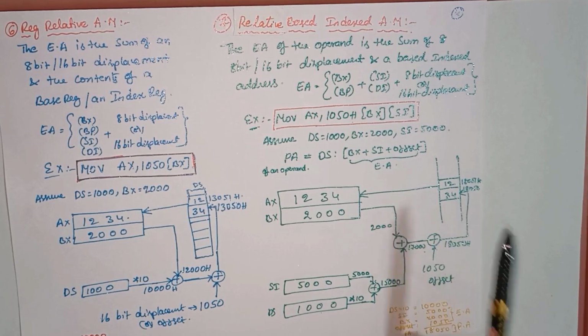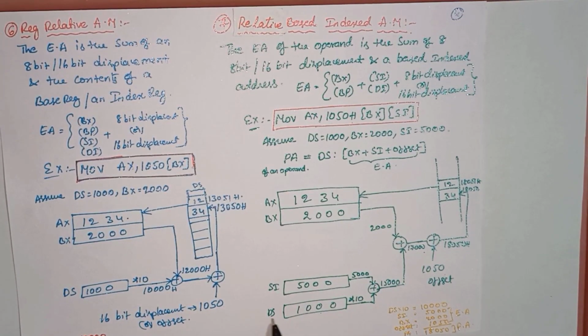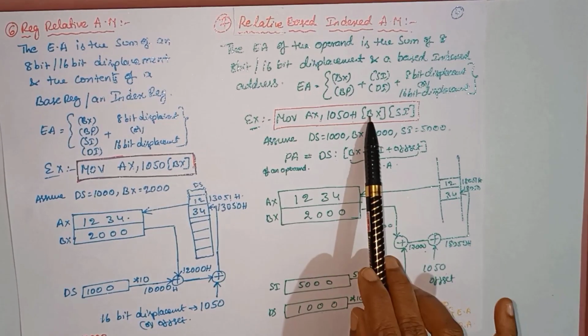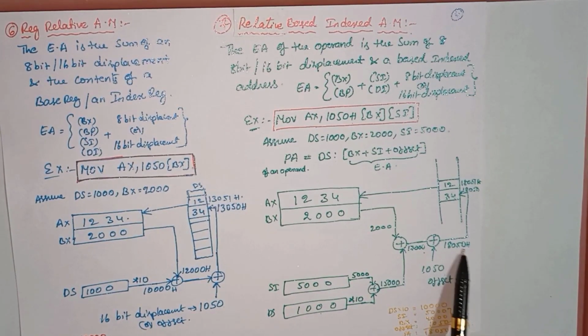At which address? That we have to calculate. So that is DS. To generate a 5-digit address, we have to multiply the content of the DS register by 10, that is the base address of the data segment, and that will be added to SI and BX. Here SI and BX. Then it generates the physical address.